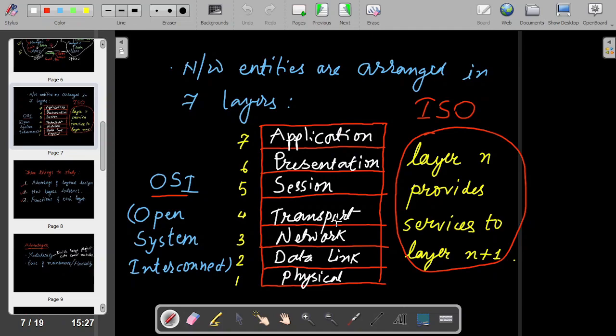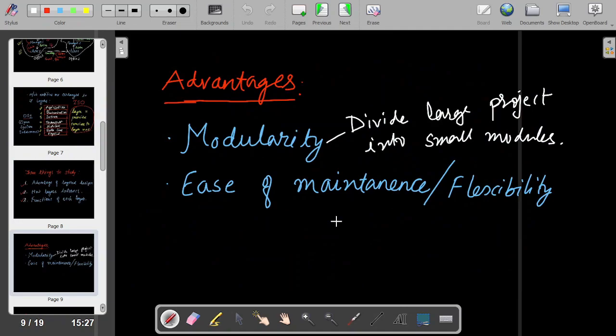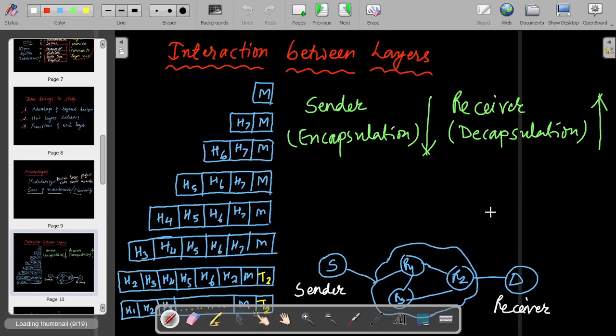And this modularity gives you ease of maintenance. As I have already explained, you can make changes in one module without affecting the remaining modules. It is also known as flexibility.